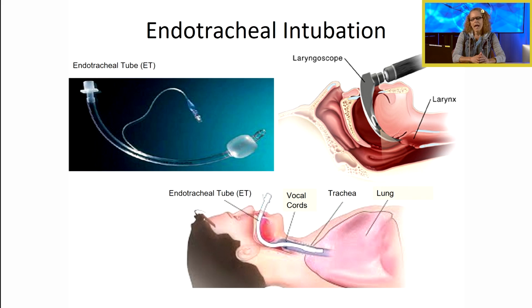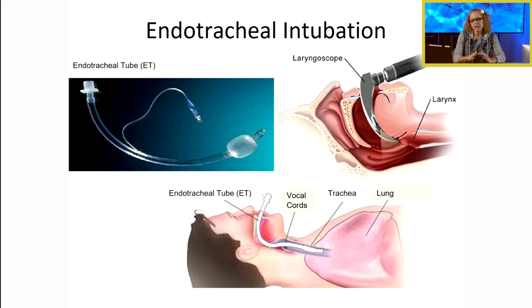and into the lung, and then we can either bag the patient with an ambu bag or hook them up to a ventilator. But here's the thing: an endotracheal intubation and an ET tube as an artificial airway is not a permanent situation.